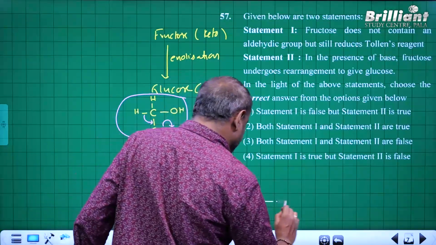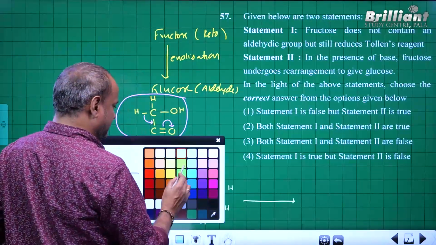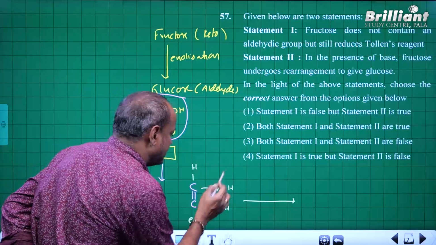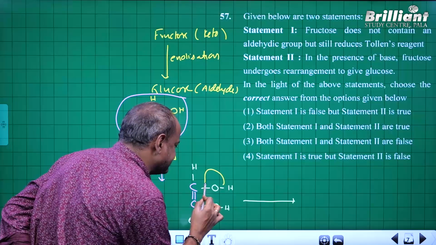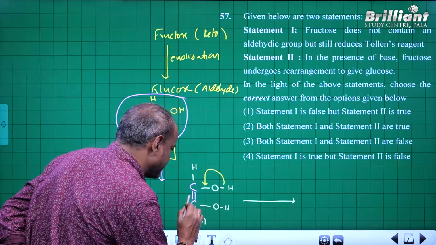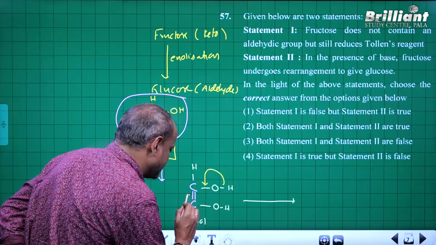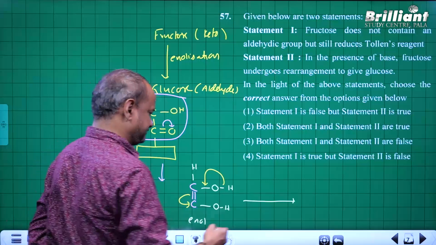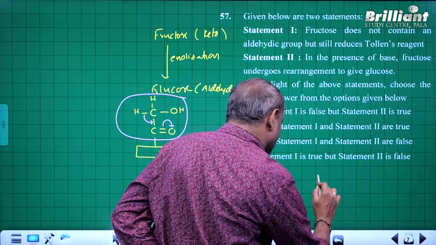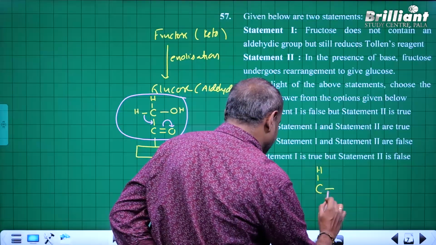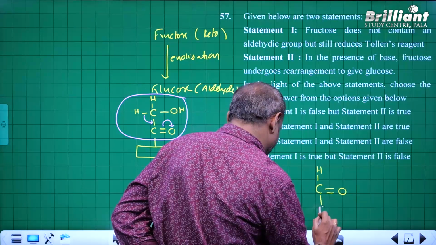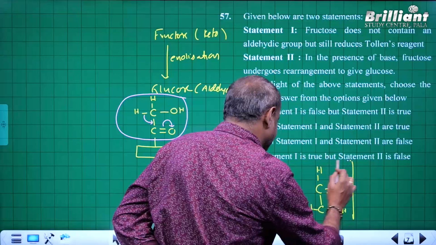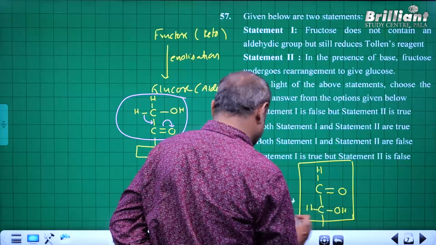Now the enol undergoes tautomerization immediately, because the enol is unstable. So this forms C double bond O and this forms C minus. The C minus reacts with H plus, giving CH double bond O, CHOH, which is called the aldehyde group, or glucose.